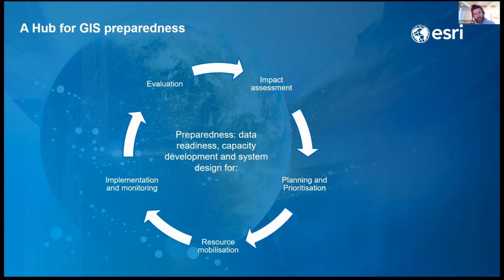You'll notice that that cycle is the management cycle, as opposed to the disaster risk reduction cycle. We're not talking about prevention, preparedness, response, recovery. We're specifically looking at the management cycle around response. All right, so we're responding to something. What do we do? We do the impact assessment, planning and prioritization, resource mobilization, implementation, monitoring, and evaluation.